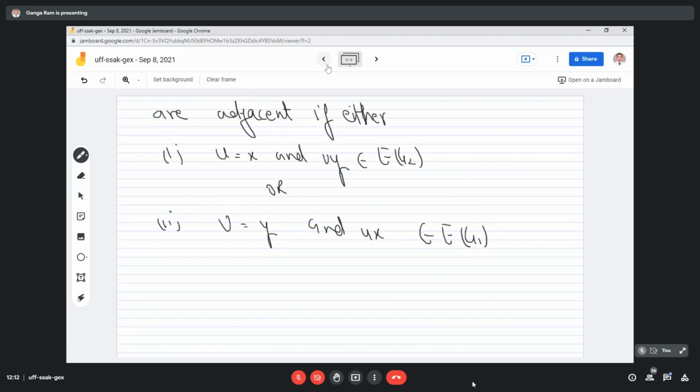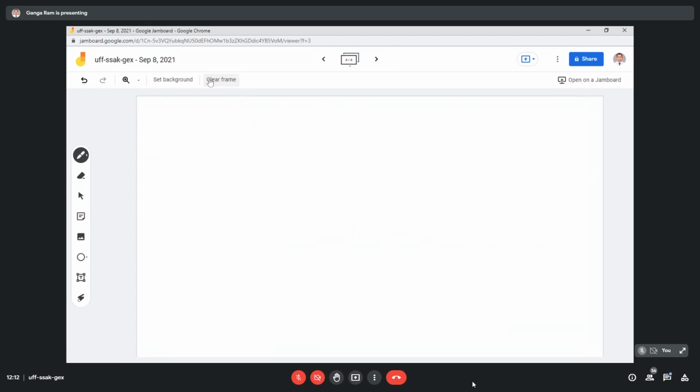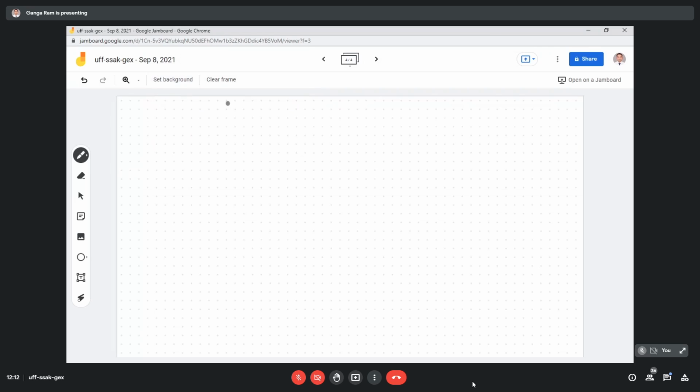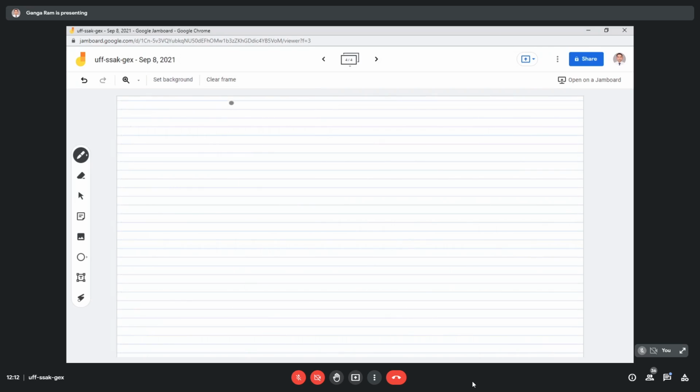Okay, so these are the two operations. For the first, we can take an example. Suppose I have a graph like this, and the second one is this graph. This is G1 and this is G2.